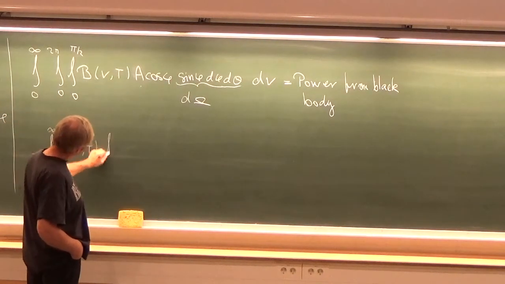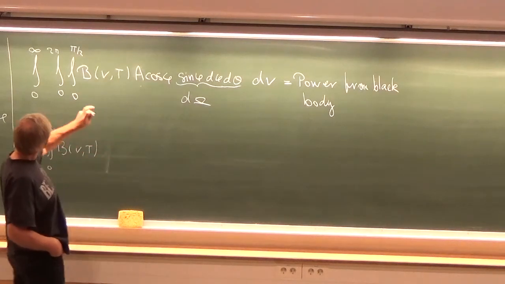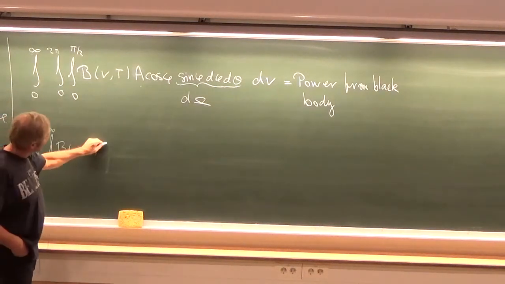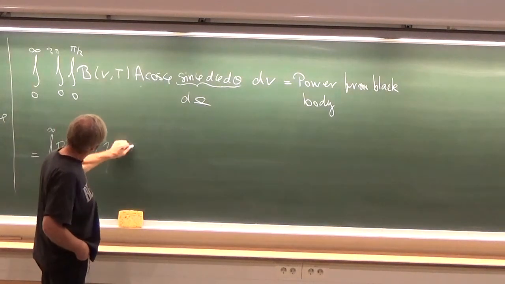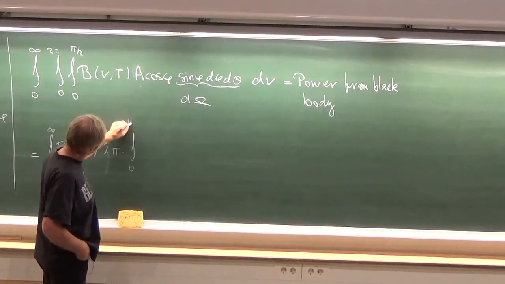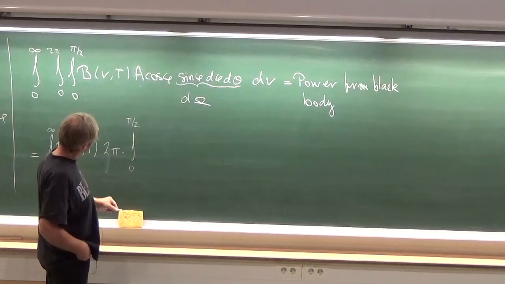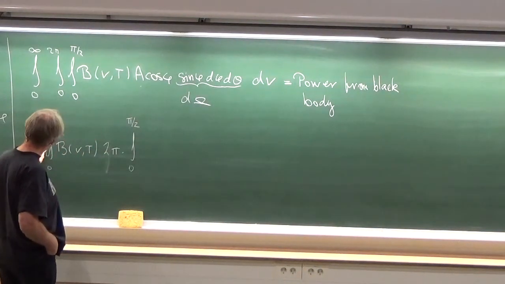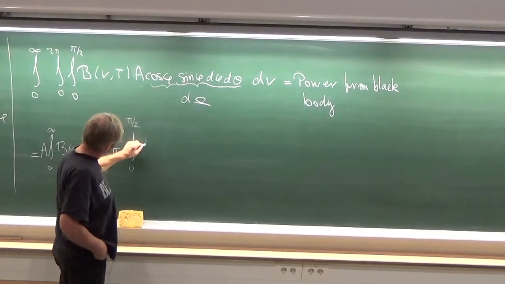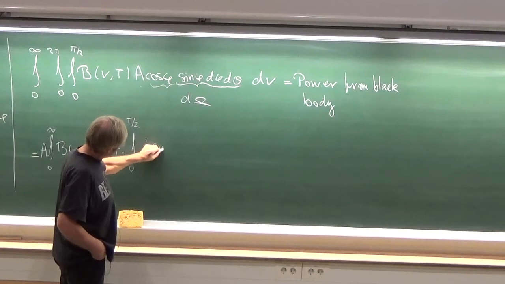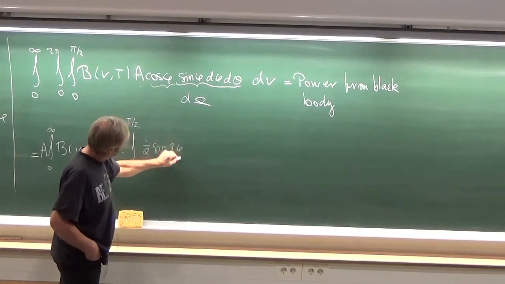And then we can take this integral just by multiplying by 2 pi. And we can concentrate on the last integral here, which is, let's put the A outside too, half sine of 2 phi.